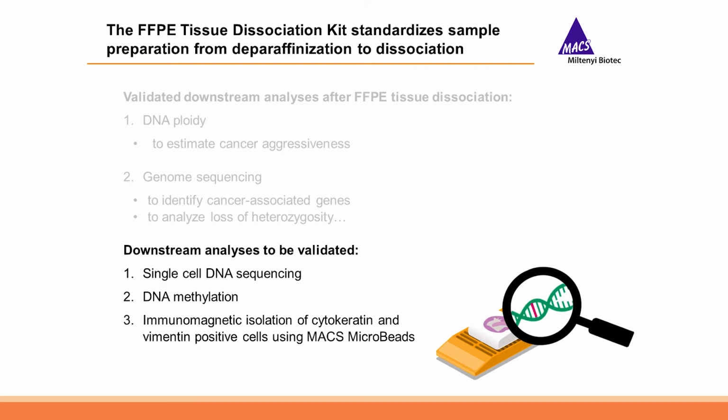So we have validated downstream analysis from DNA ploidy, our genome sequencing, and I'd like to give you an outlook on what we have in the pipeline. We are validating now downstream analysis like single-cell DNA sequencing, DNA methylation, which is important for tumor researchers who are interested in epigenetics, and we would like to establish an immunomagnetic isolation method of cytokeratin and vimentin positive cells using MACS microbeads.